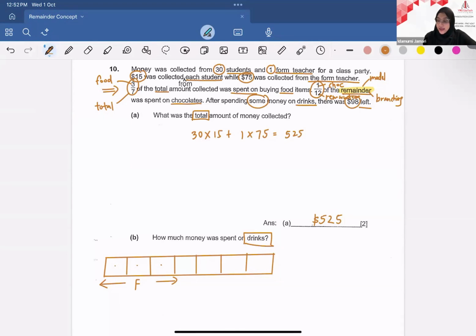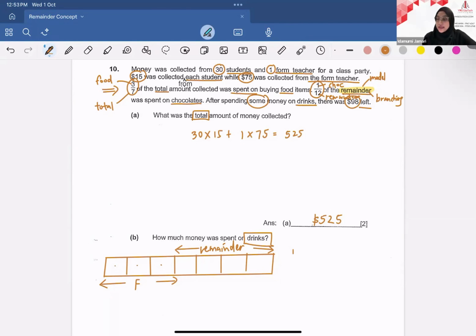And the rest, I'm going to label as remainder. Now, out of this remainder, 1/12 was spent on chocolates. If we look at our model, we don't have 12 units of remainder. We have 4 units of remainder.